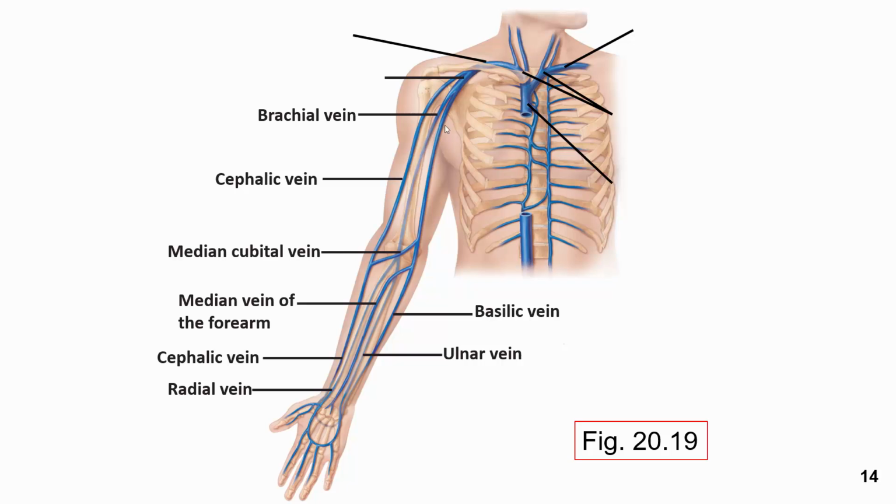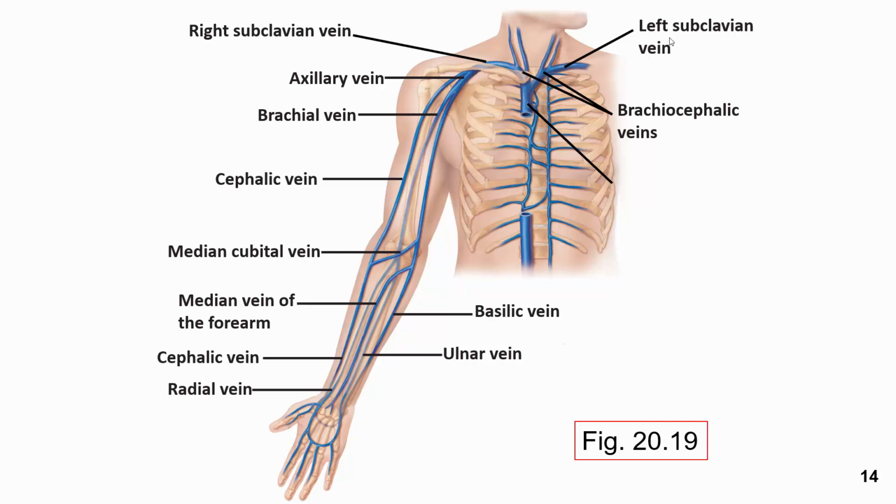The brachial vein, as you can see here, will drain the tissues of the upper arm, and this will merge and form the axillary vein that will then merge with the cephalic vein, forming the right subclavian vein. So we have the vein passing underneath the clavicle, and likewise we have the same vein on the left-hand side passing underneath the clavicle, called the left subclavian vein.